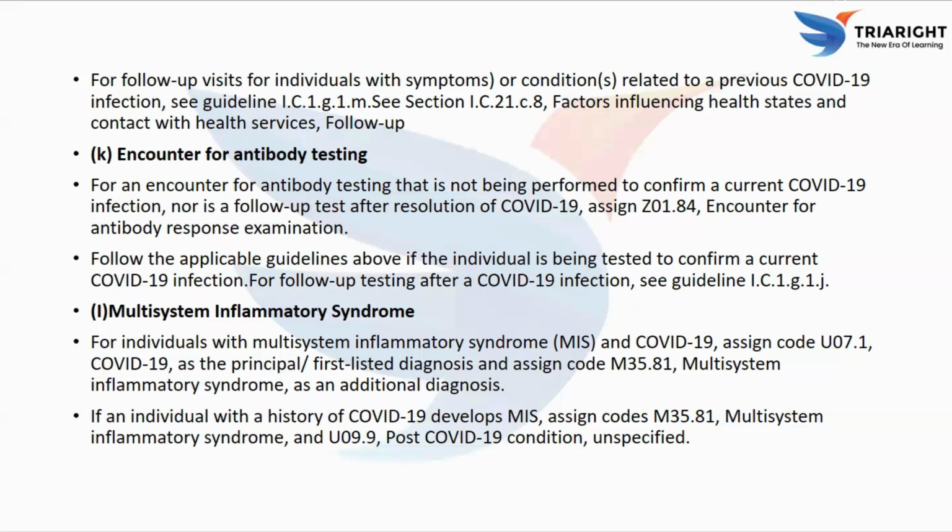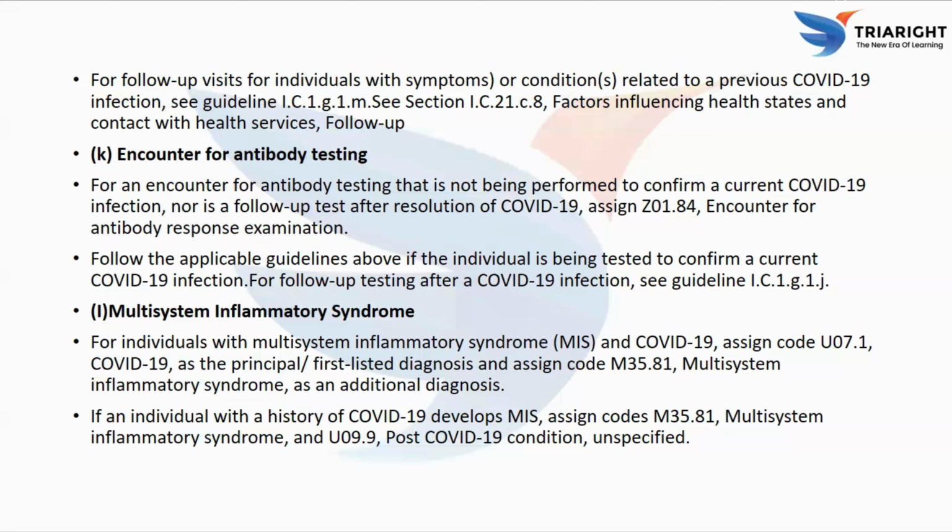Coding when MIS occurs after a previous COVID-19 infection: if a patient who previously had COVID-19 later develops MIS, you have to assign M35.81 for multisystem inflammatory syndrome and U09.9 for post-COVID-19 condition, unspecified.